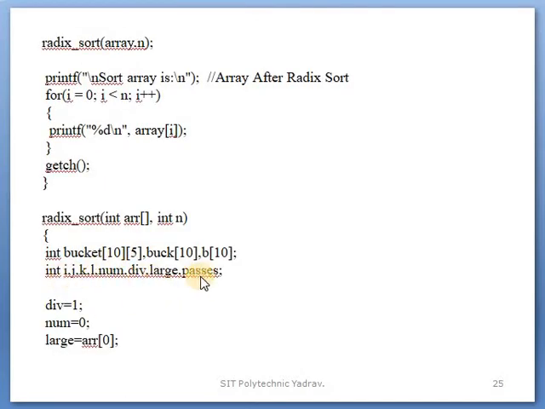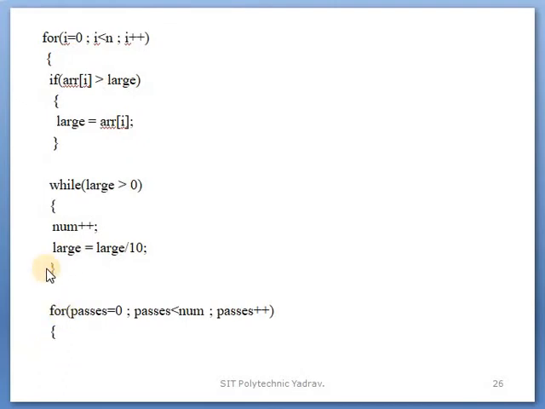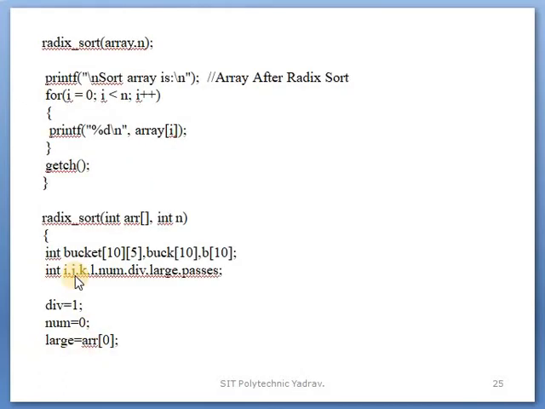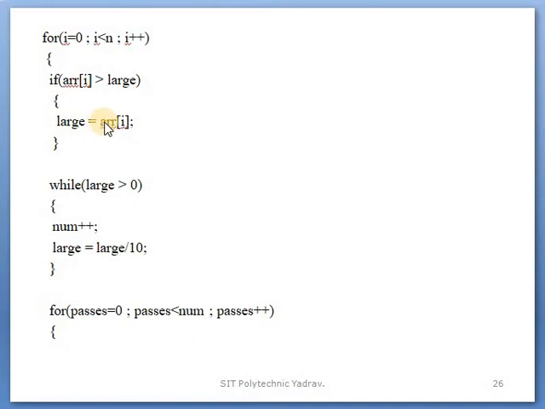After that, variables are taken. These variables are used for our calculation purpose, so assign the value 1 to division, 0 to num, and after that, consider array of 0 as the largest. For example, array of 0 is not the largest, so if any element in the array is largest, then choose it using a for loop and find the largest number.